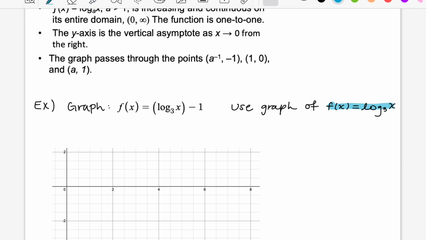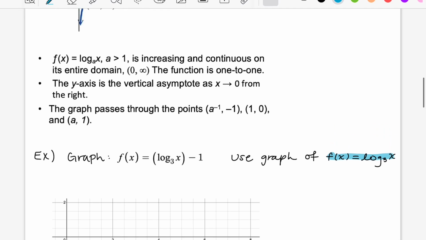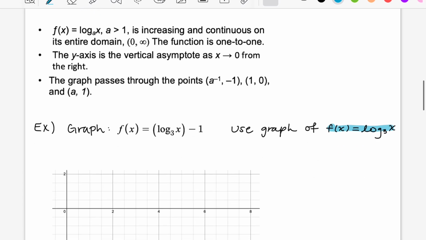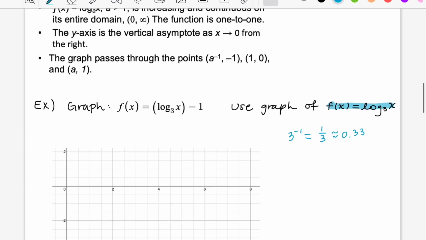So we know we're going to have a vertical asymptote on the y-axis. We also know that our function is going to pass through the point a to the -1, comma -1. In this case, a is 3, and 3 to the -1 is 1/3, which is roughly 0.33. So this tells us we're going to have a point at 0.33, comma -1. So that'll be right around there.